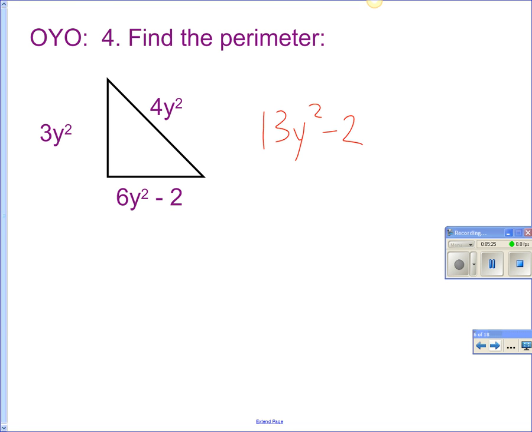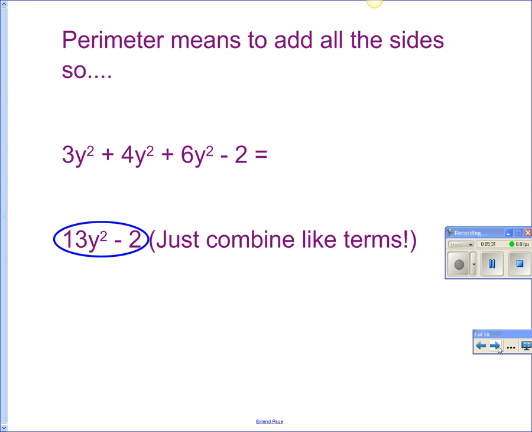How many people got that one right? 13y squared minus 2. Very good. Okay. All right, the next one. All right, there's the answer.